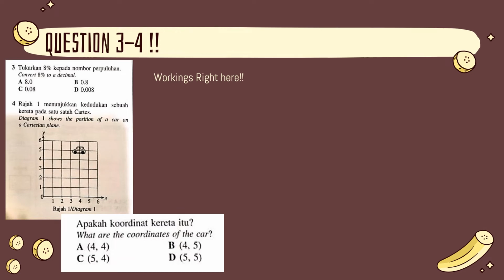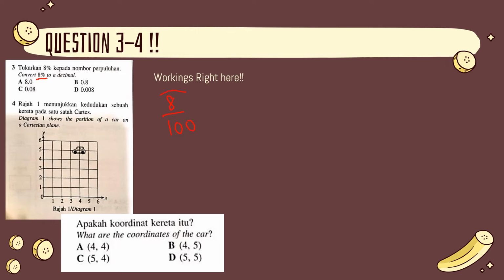Right, now we are in question 3 and 4. Our first question is: convert 8% to a decimal. So how do we do it? First, we have to write 8% in fraction form, so 8 over 100. And then we have to see whether it has a whole number or not.